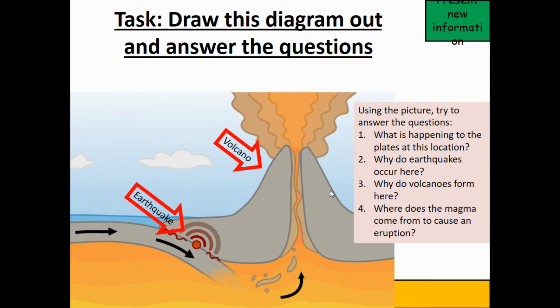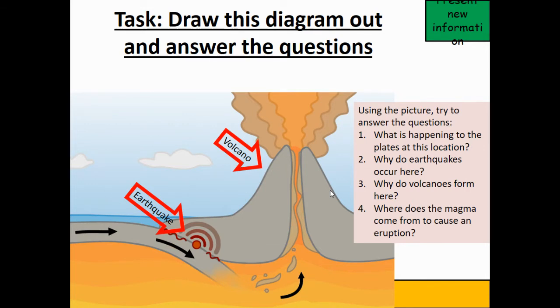So all of the interesting igneous rocks that I like to look at in my spare time, those are formed at these sorts of plate boundaries. So what we've got here is both volcanoes and earthquakes forming at the same plate boundary.